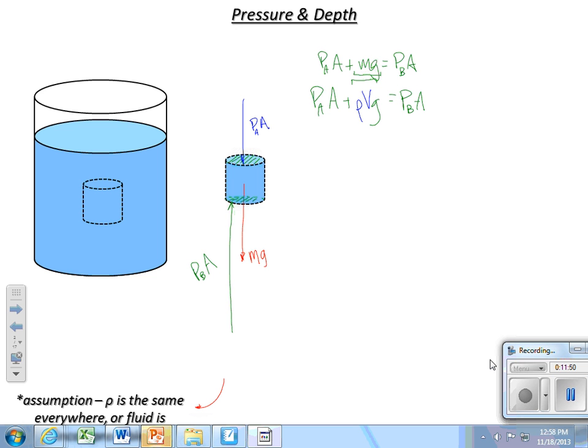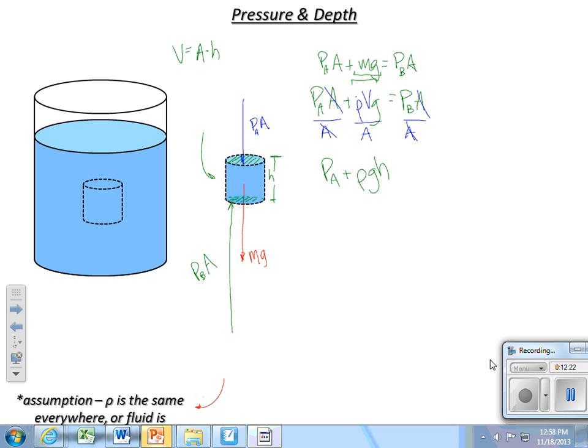And now what I'm going to do is divide everything by area. Well, that goes with this, goes with that. And the deal is that if we divide the volume of this thing by the area, well, the volume of it is the area times its height. It's a cylinder. This thing has a height that we'll call h. So this turns into pressure above plus rho g h.